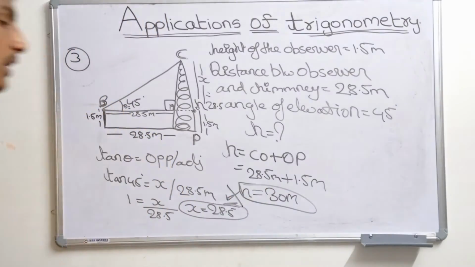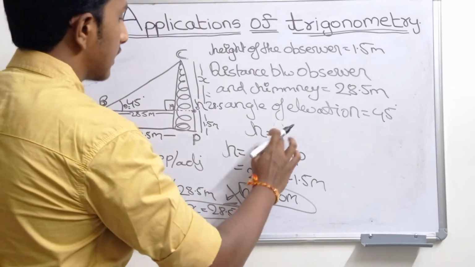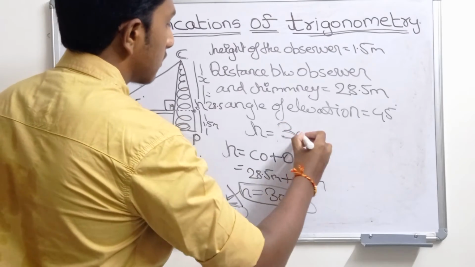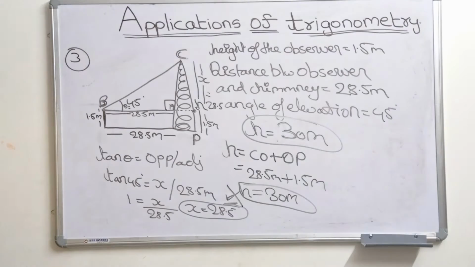Height of the chimney is equal to 30 meters, guys. So here the final answer is the height of the chimney is equal to 30 meters. Guys, is it clear?